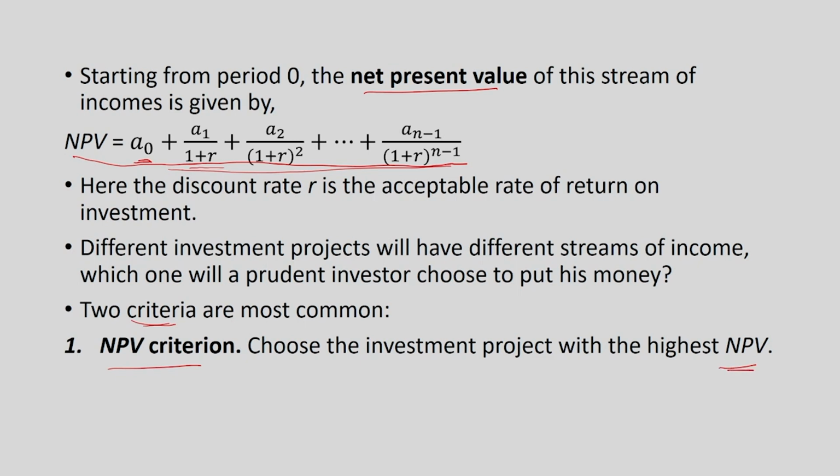For any project I look at this quantity NPV and I find out the NPVs of all the projects I am considering, and I can arrange them in descending order, and I will choose that project which has the highest NPV. Suppose I have to invest in only one project, then I will choose that project which has the greatest NPV. So, this is called the NPV criterion.